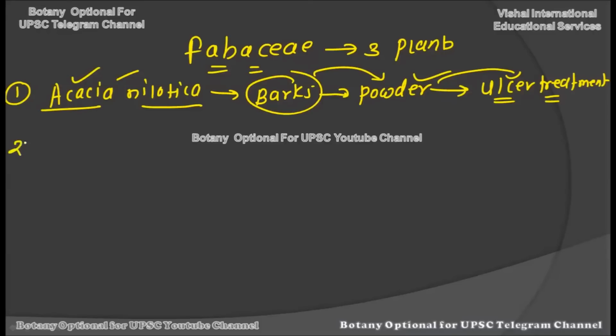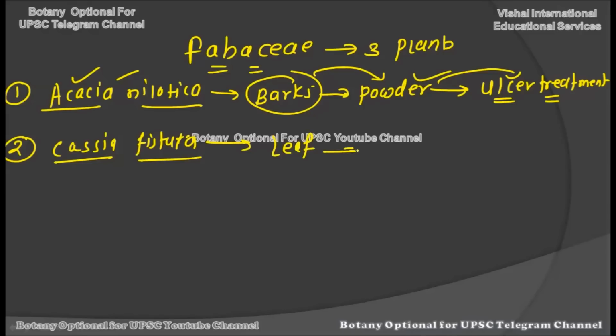Okay, now consider the second plant in this regard, the Cassia fistula. Okay, write down the name carefully, Cassia fistula, and you should underline the botanical name. Now out of this Cassia fistula plant, we are going to use its leaves. Out of the leaf a particular kind of paste is created, and this paste is used against ringworm lesions, whatever lesions get created during the ringworm infection.